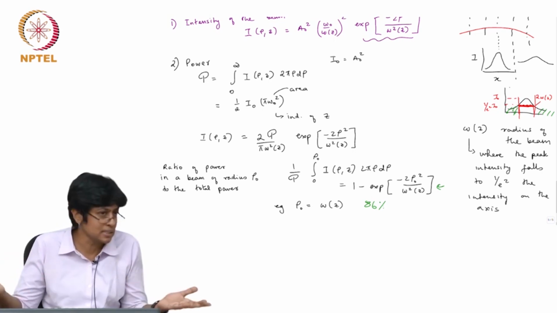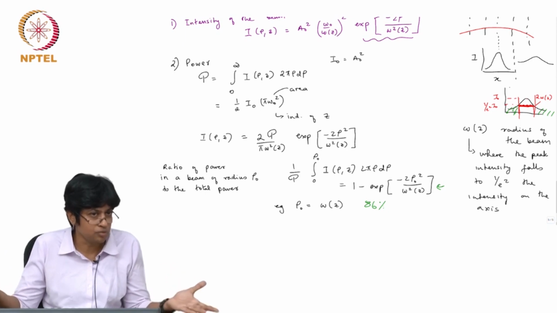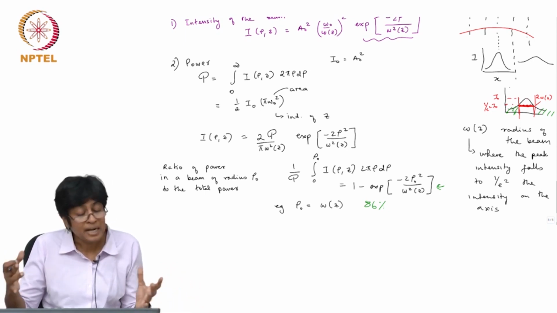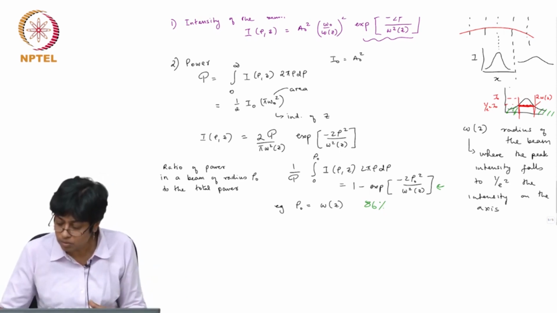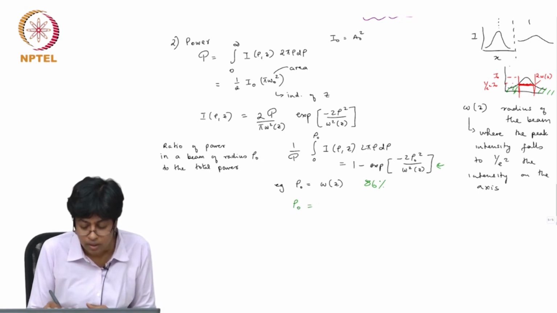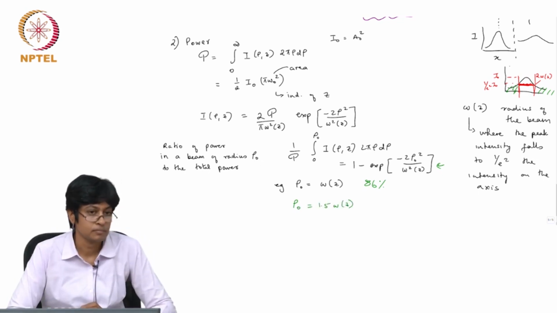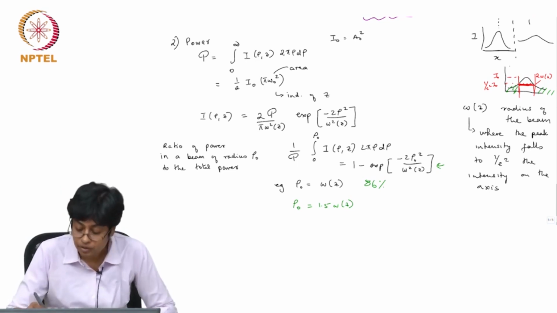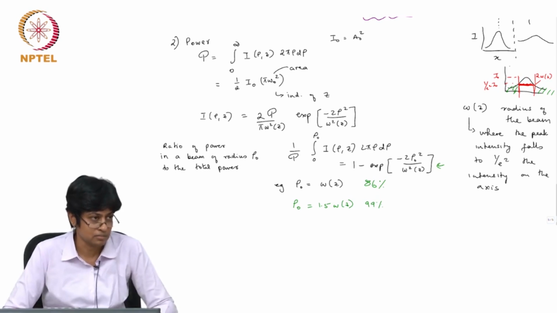You might still say this is not good enough, since you're losing 14% of the power, but this is the definition by convention. I could look at a higher value. Let's take rho naught to be 1.5 omega of z, and then you'll find 99% of the power lies within that region.